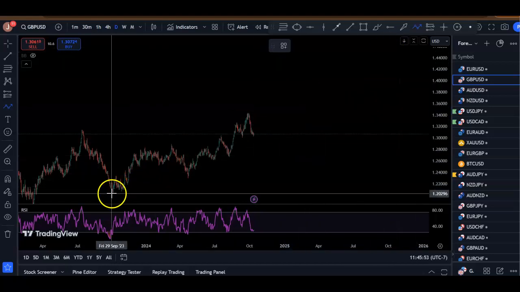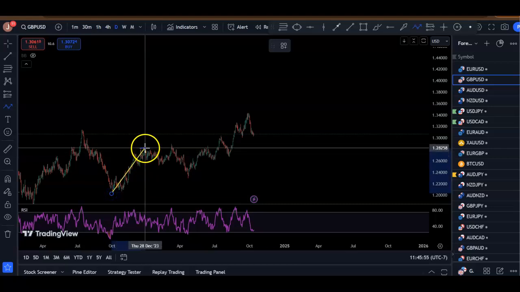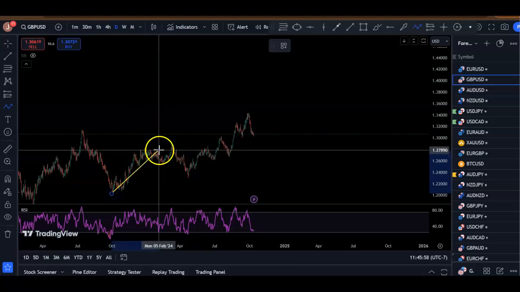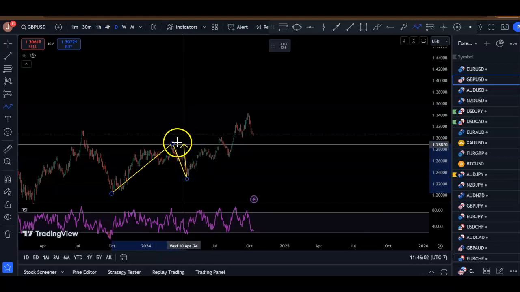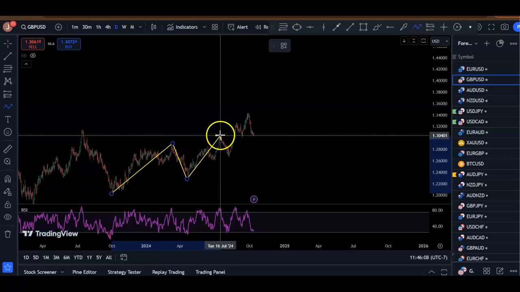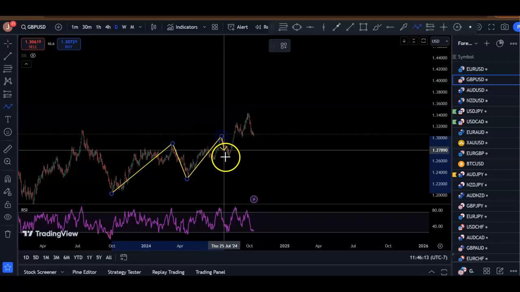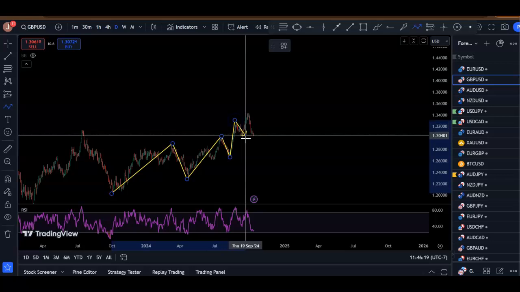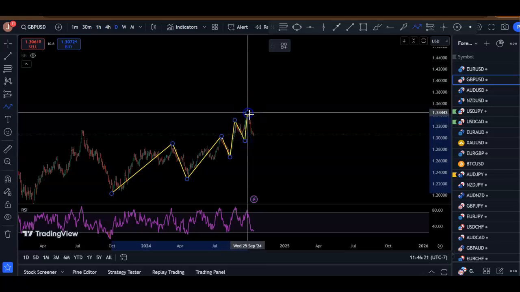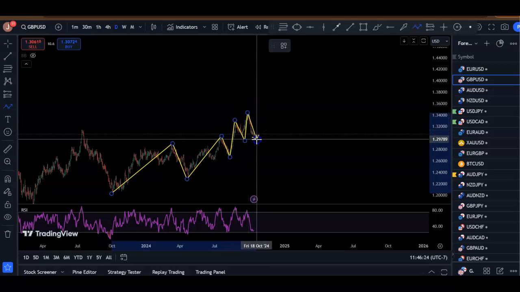When the market's low like that, I normally go to the highest one right there. That one. Then we have a broken structure right there. So we go to this one. Then after that move, the market retraced to this point. Then we're going here, here, here, here, and now we're at this point.